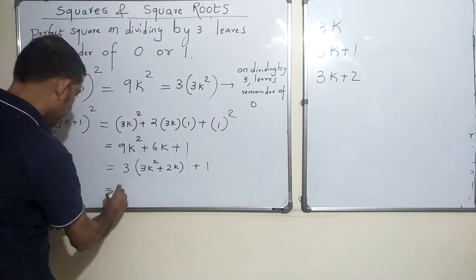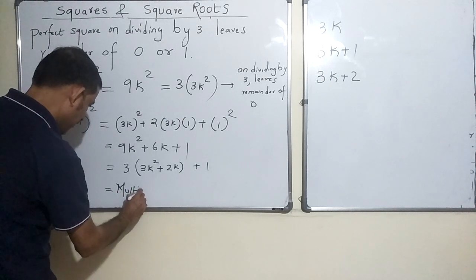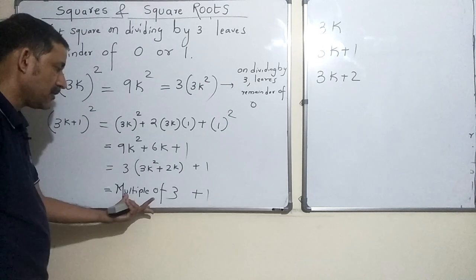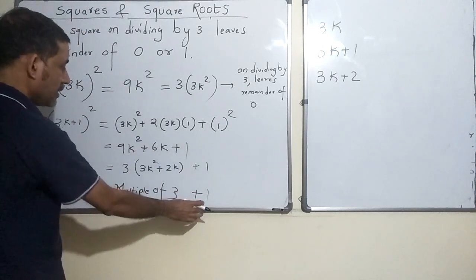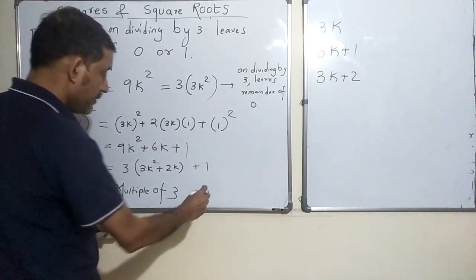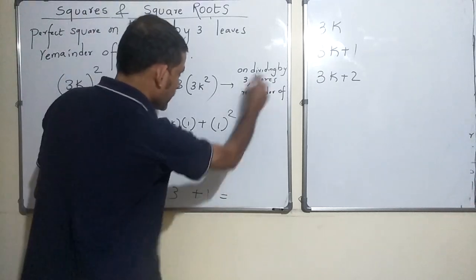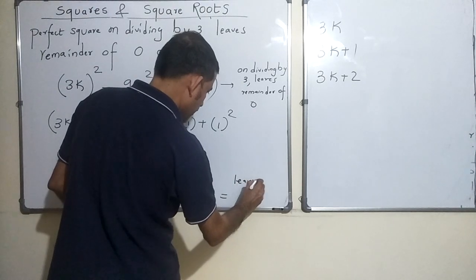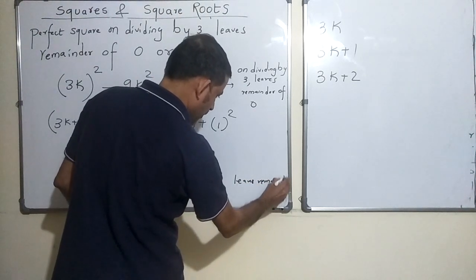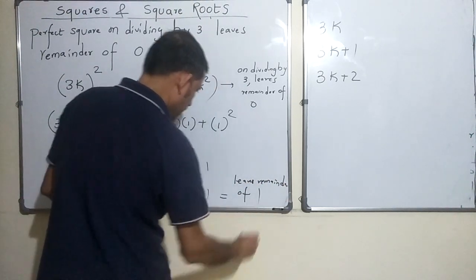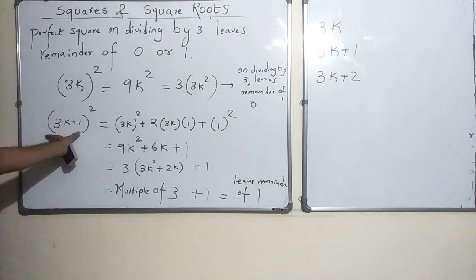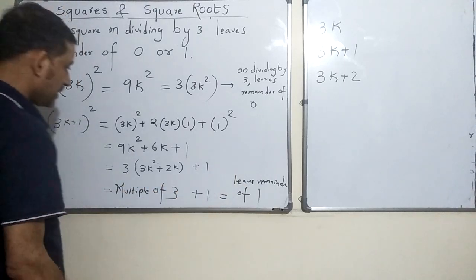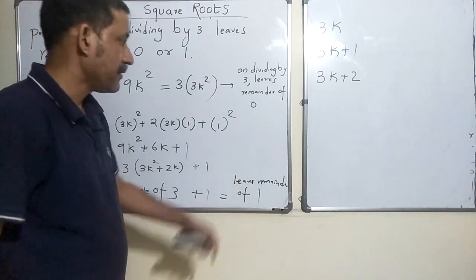So this is a multiple of 3 plus 1. So, multiple of 3, when you divide, what will you be left with? A remainder of 1. So on dividing, it leaves a remainder of 1. So in this case, if it is of the form 3k plus 1 and you square it, you will see that on dividing by 3 it leaves a remainder of 1.